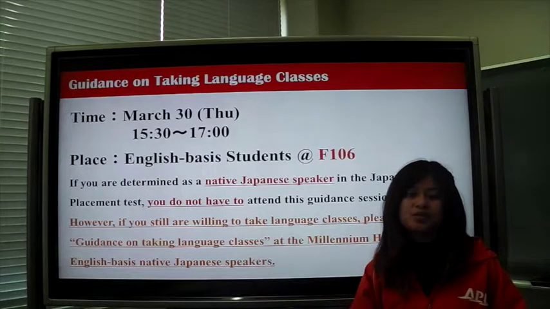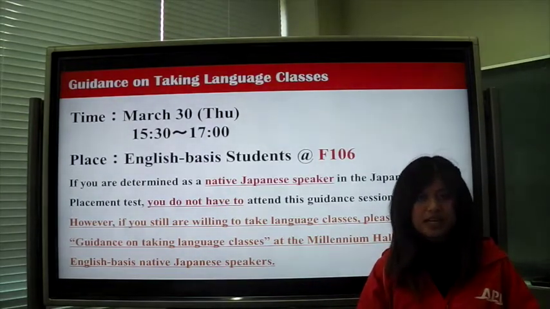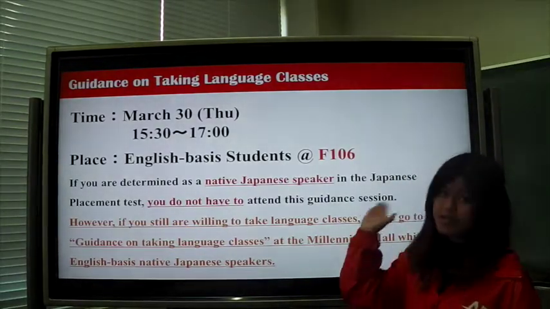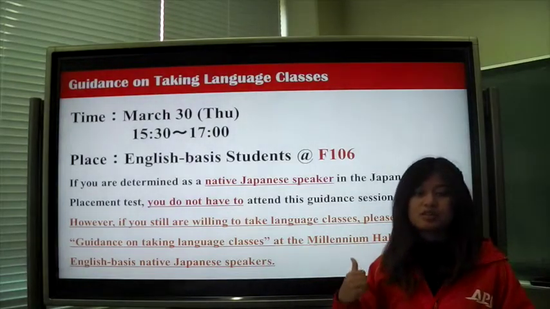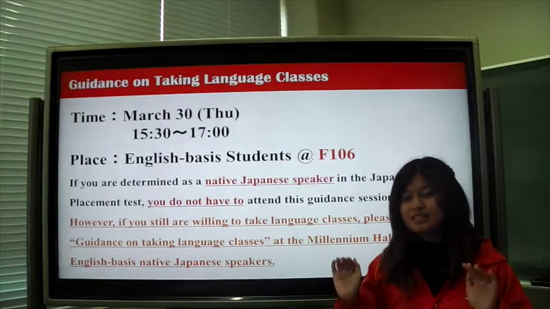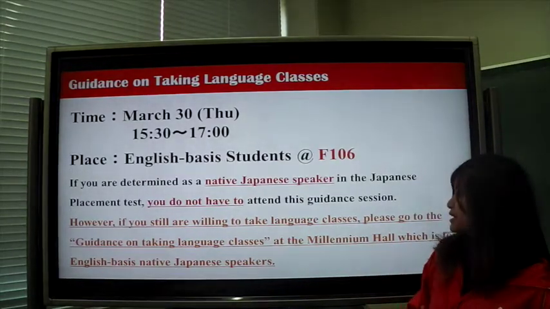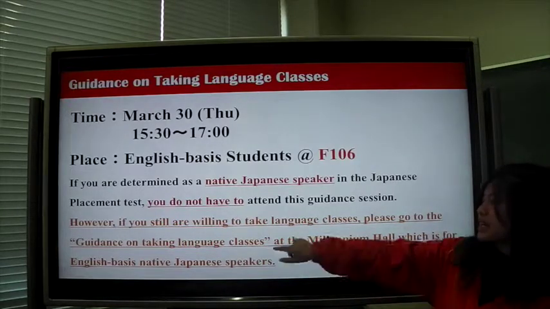And to remind you that if you are a native Japanese speaker and you are English-based, you do not need to go to this guidance, because it will have information regarding Japanese courses that you basically don't need. Therefore, if you still have interest in the AP language classes, you can just go to the Millennium Hall at the same time.